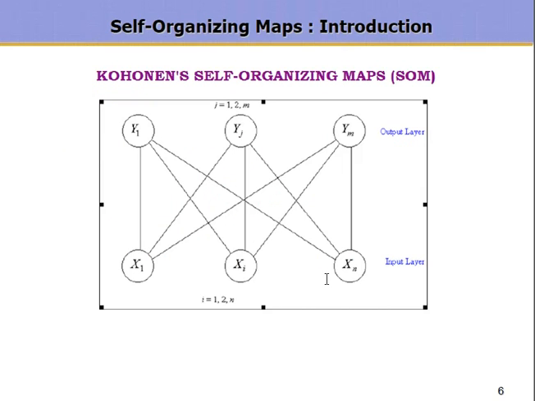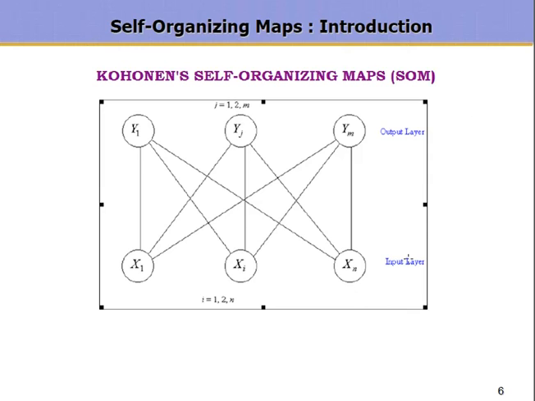Here is a basic diagram of a self-organizing map, and you can see that we have only two layers here and we don't have any hidden layer in between. This is my input layer, this is my output layer.